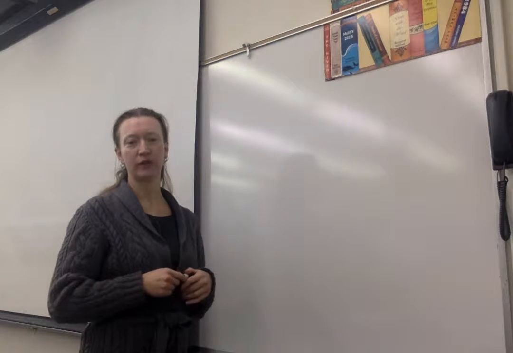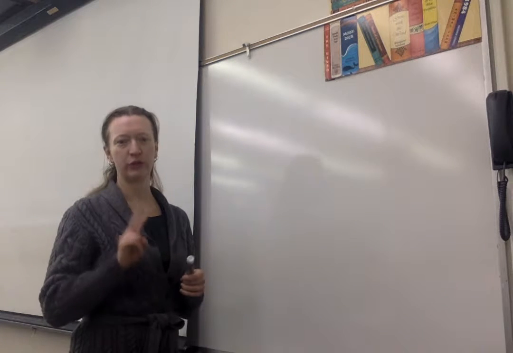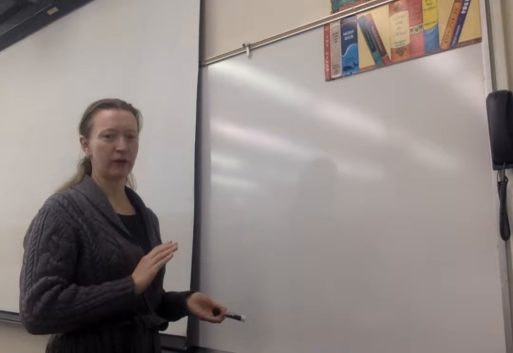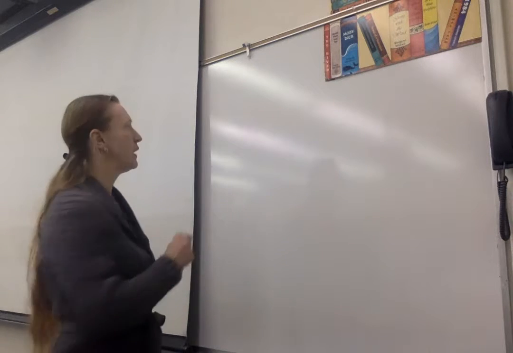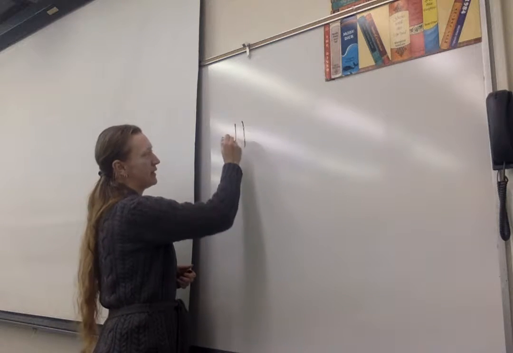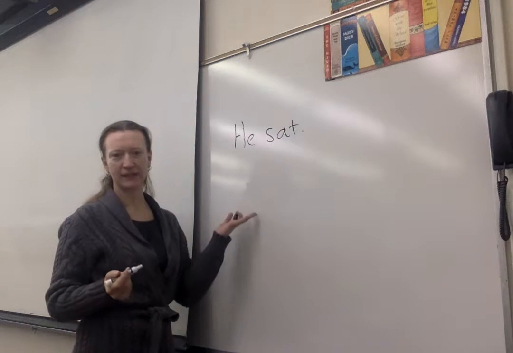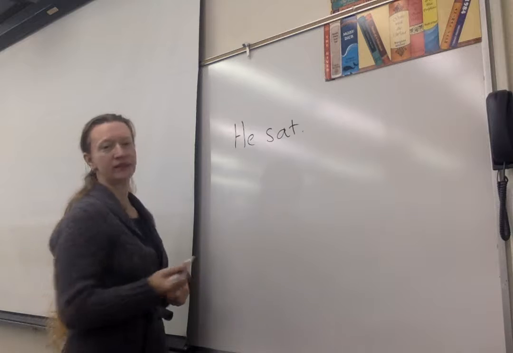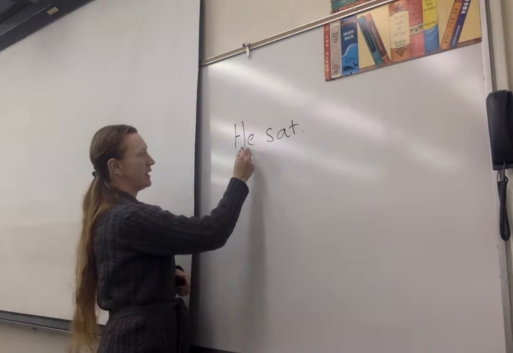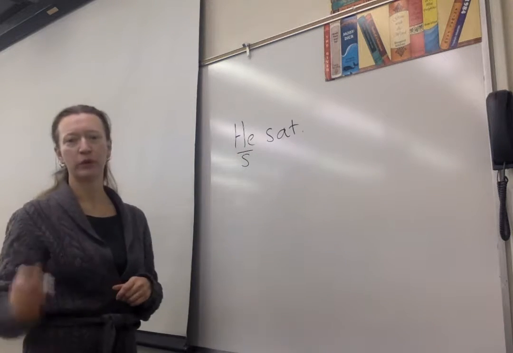Now, in order for a sentence to be a complete sentence, it needs two basic components. The components are subject and verb. And so your most simple sentence can be something 2 words long, a sentence like, he sat. The subject in this sentence would, of course, be he, and the verb would be sat.